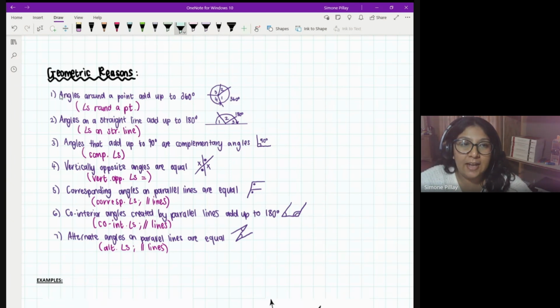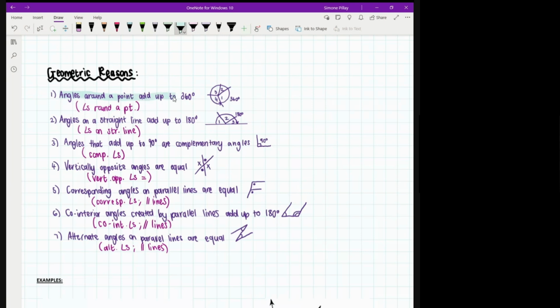We have learned that angles around a point add up to 360 degrees. Okay, and so that was the diagram that looked like this. So if you think about a full rotation, when you learned about angles in grade 7, you would know a full rotation makes 360 degrees.